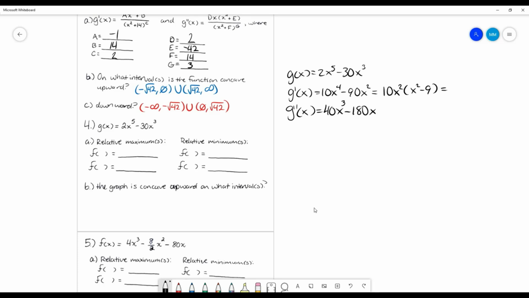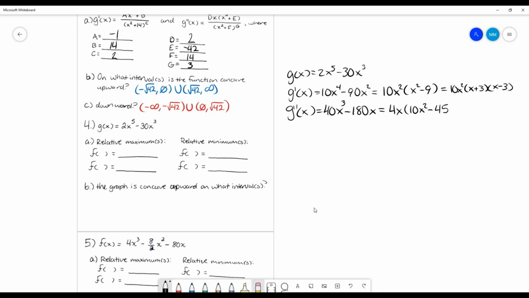Okay, I could rewrite that with my difference of squares. And then I could factor out, can I factor out a 4 out of 180? I can, but I can't factor out a 40, I don't think, because that would be 10x squared minus 90, 45, yeah.